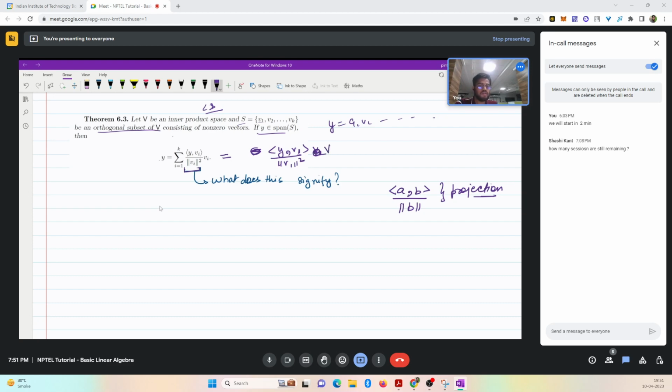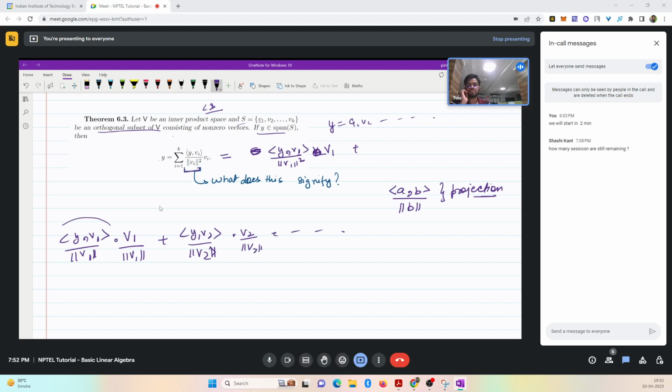So I'll split it further. This is <y, v1> by the norm of v1, into v1 by the norm of v1, plus <y, v2> by the norm of v2, into v2 by the norm of v2, and so on.